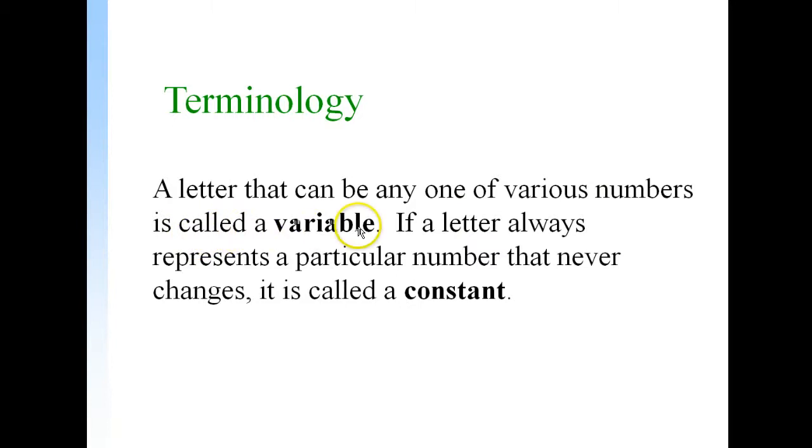are called variables. Now, sometimes in an algebraic equation or expression, we'll see the number 5 or 4. Numbers like this are called constants.